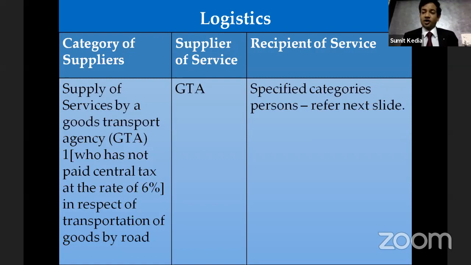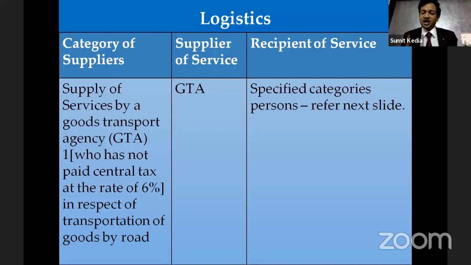Either he can go under forward charge, under the 12% rate, 6% CGST, 6% SGST, or IGST 12%. In that case, this RCM notification will not apply, because it says in the bracket who has not paid tax at the rate of 12%. So if a transporter goes under 12%, RCM will not apply. He will charge forward charge to all his customers at the rate of 12%.